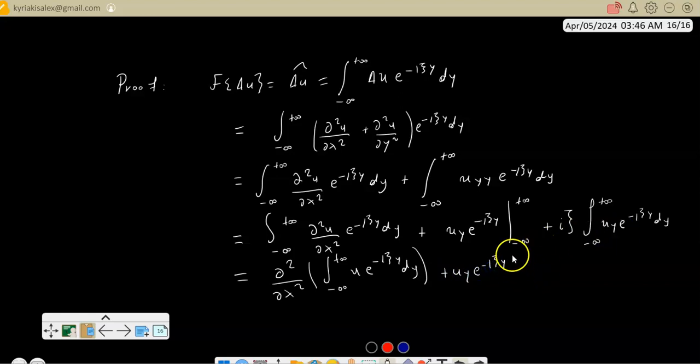Now I have to do integration by parts once more, plus i xi, inside the brackets u times the exponential from minus infinity to infinity, plus i xi. Let me write it because I don't have space.